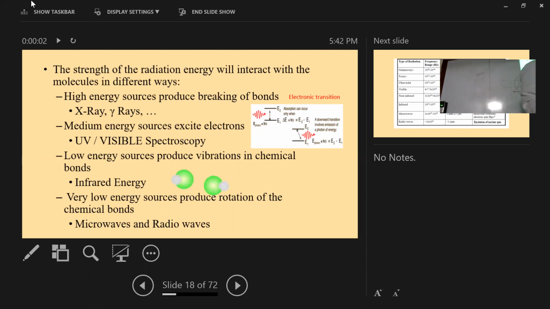So the wavelength of this one may be around 680 or 700. If we consider this is 700 nanometer, then if we can double the frequency of this light, that will give you 350 nanometers.